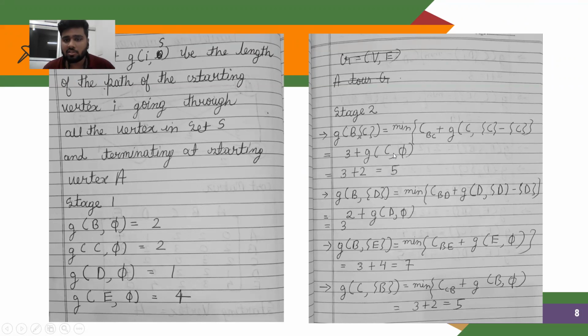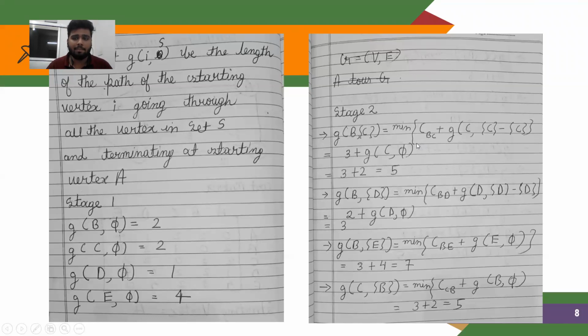So 3 plus G of C comma 5. From the cost matrix, I have written the value of CBC. Now I am referring to the value of G of C comma 5 from here. Here G of C comma 5 is 2. So we can take this value as 2. 3 plus 2 is 5. There is no second function, so we can only write 5.